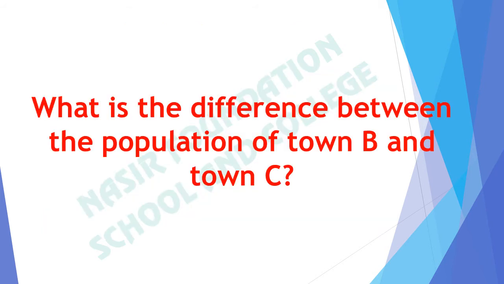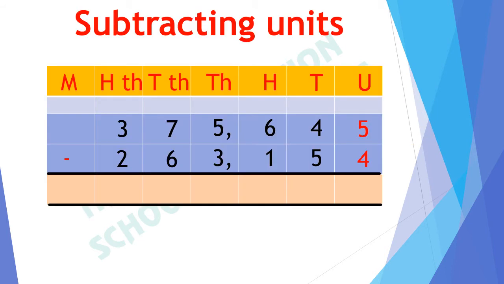What is the difference between the population of town B and town C? Now we will subtract the population of town C from town B. We start from units. We have to subtract 4 units out of 5 units. If we subtract 4 from 5, we get 1. Now we will subtract tens.